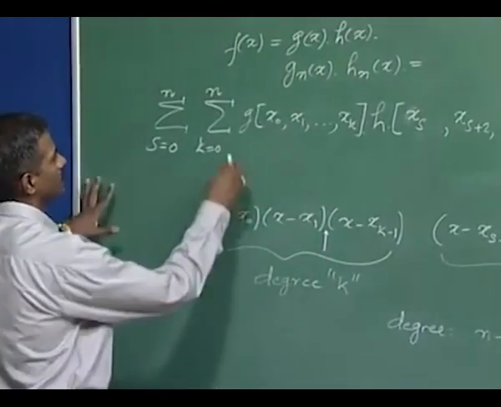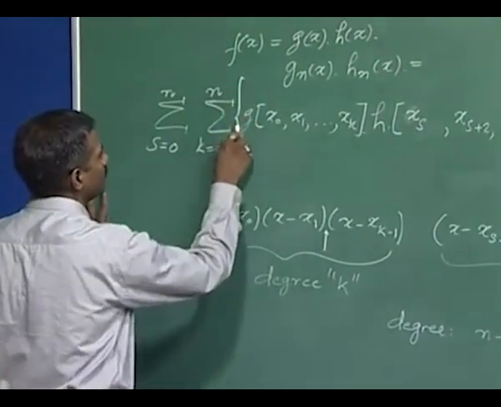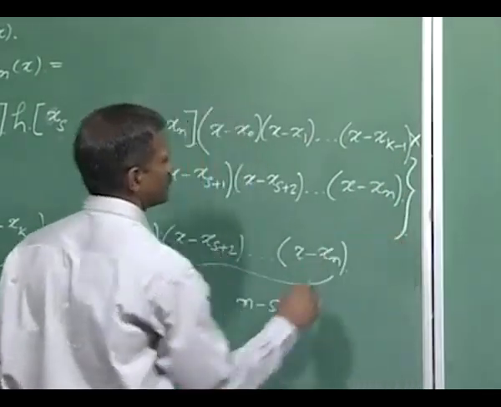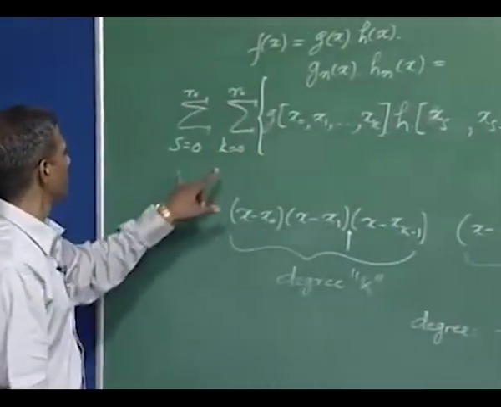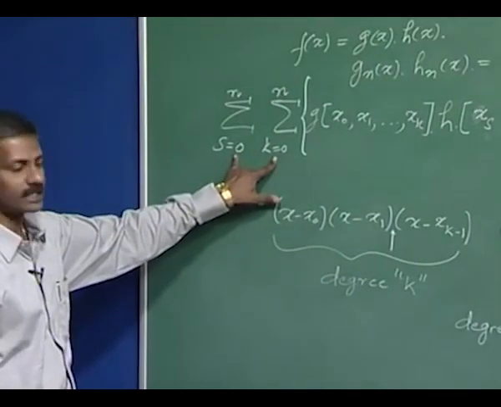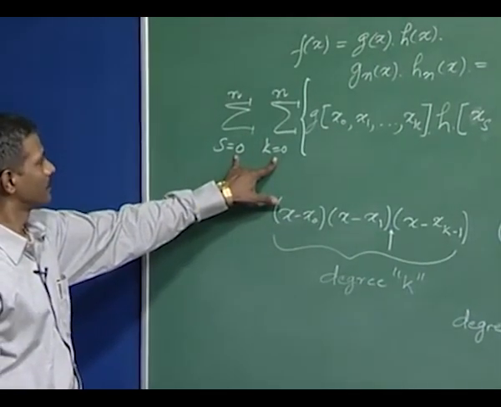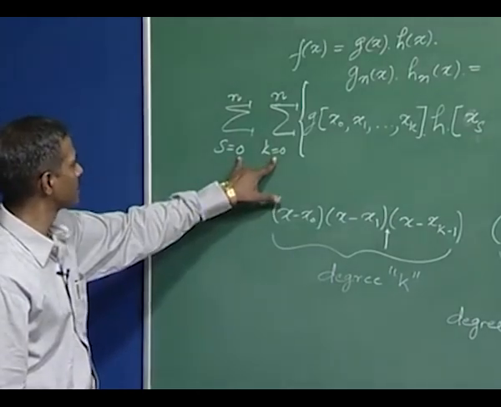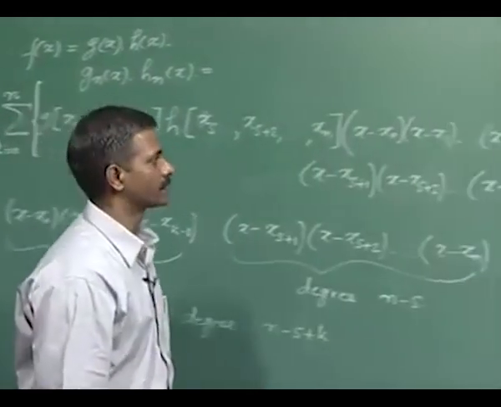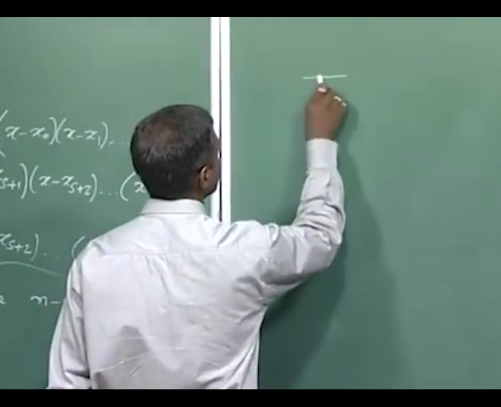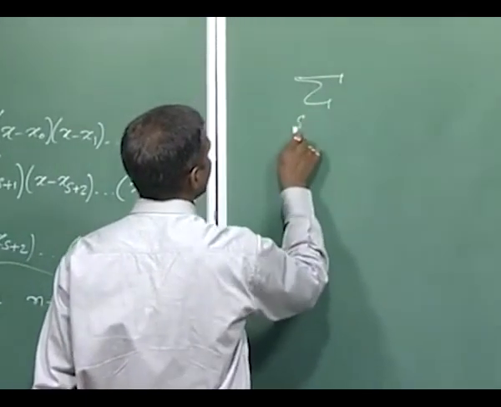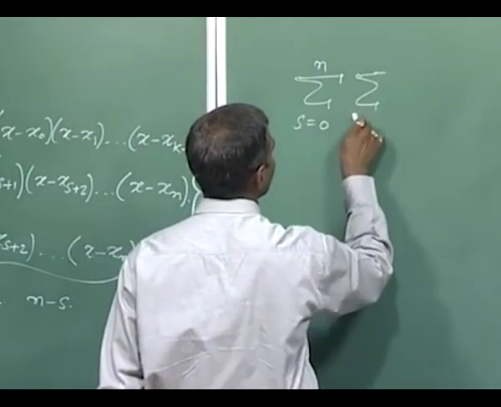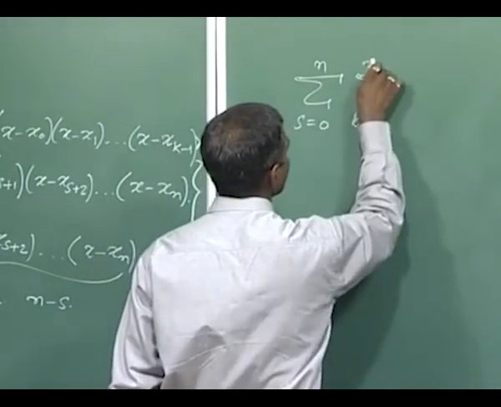Now let's come back. This here is a single term in this double summation. Now let's try to express this double summation as two parts. S going from 0 to n, k going from 0 to n.